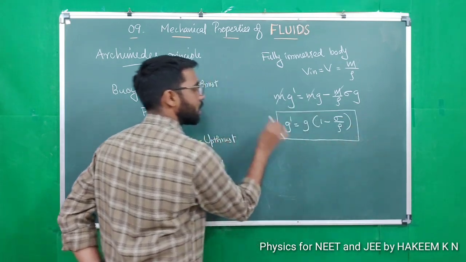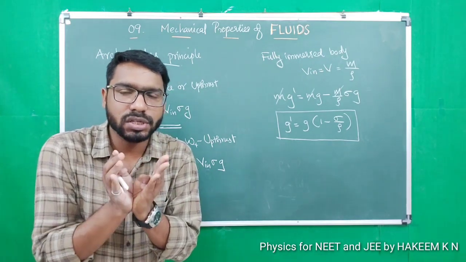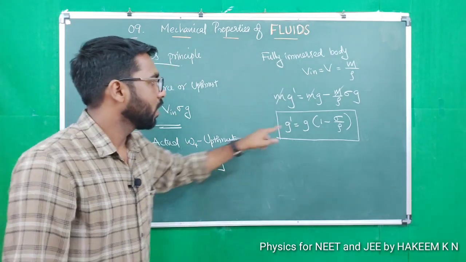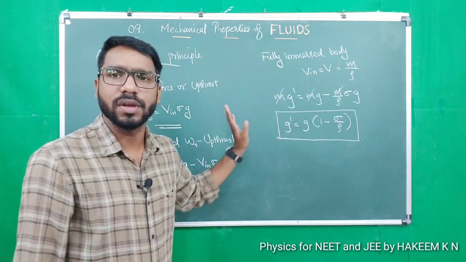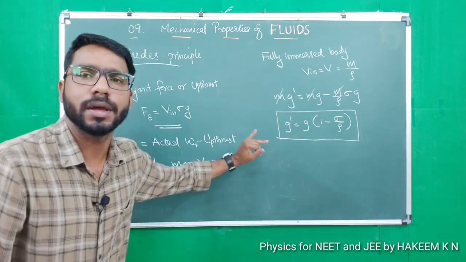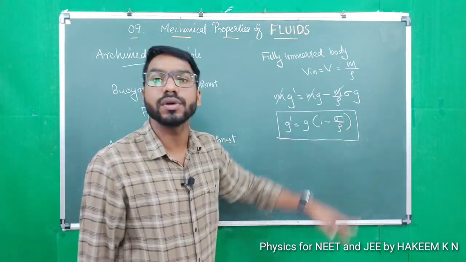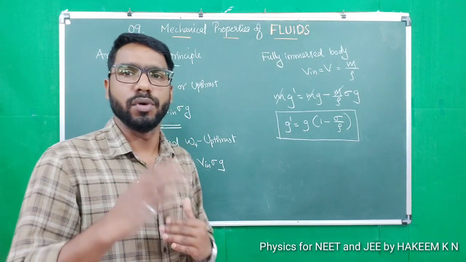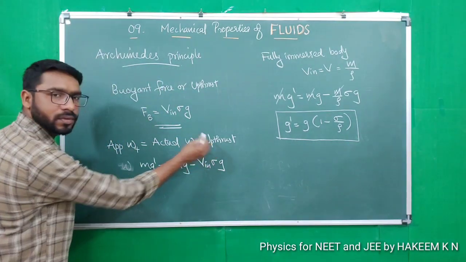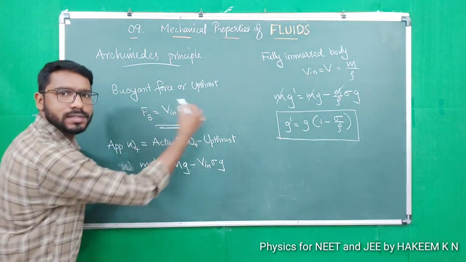This is the effective acceleration due to gravity acting on a body fully immersed inside a liquid, whose apparent weight equals mg dash. I can multiply this with m, then we will get apparent weight. Here sigma is the density of the liquid and rho is the density of the body. From here, upthrust is what? Actual weight minus apparent weight.